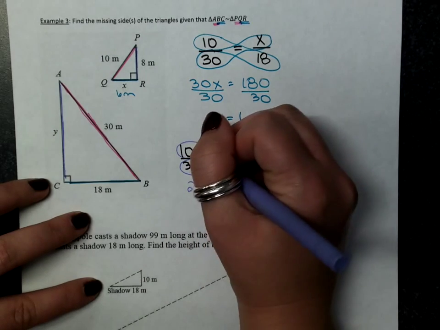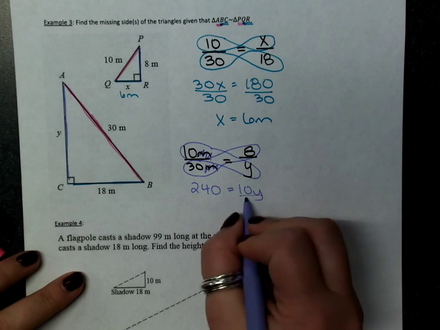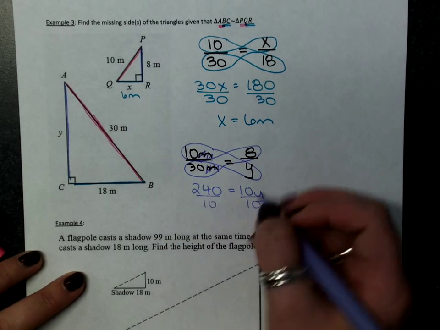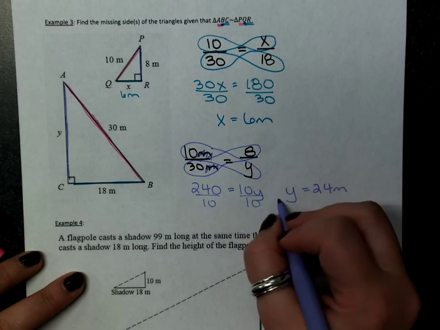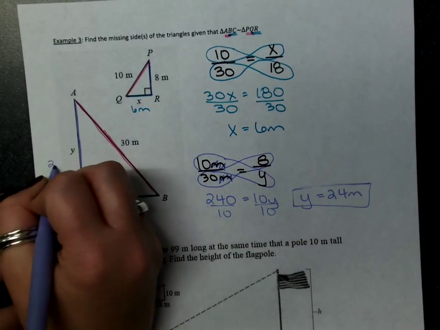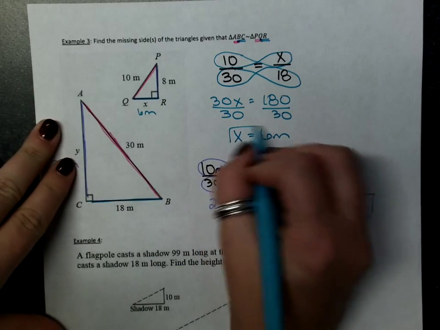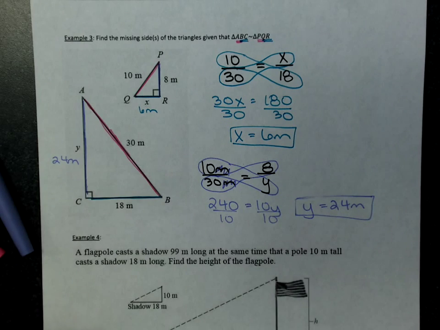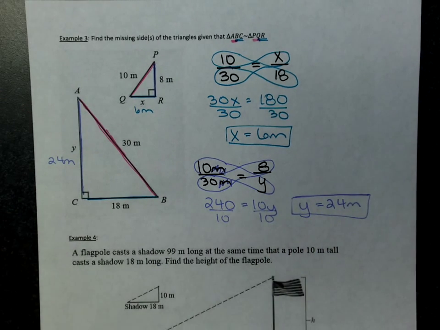I shouldn't have put the meters on there, sorry. That's distracting. And then divide by 10, and you should get y equals 24 meters. So that gives you the missing side lengths. So x is 6 and y is 24. You usually have two missing pieces on the similar triangle problems.